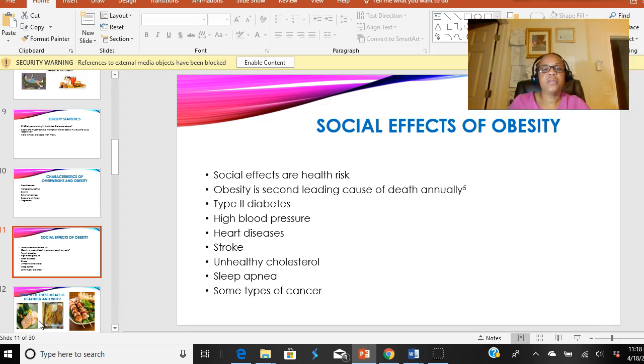And just to speak a little bit about unhealthy cholesterol, what happens when a person has high cholesterol? It means that plaques are deposited into the arteries, and when this happens, it clogs the arteries.